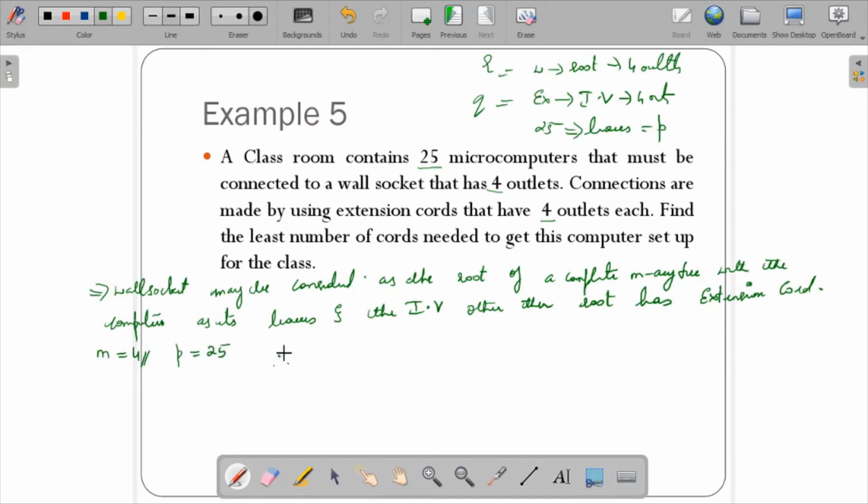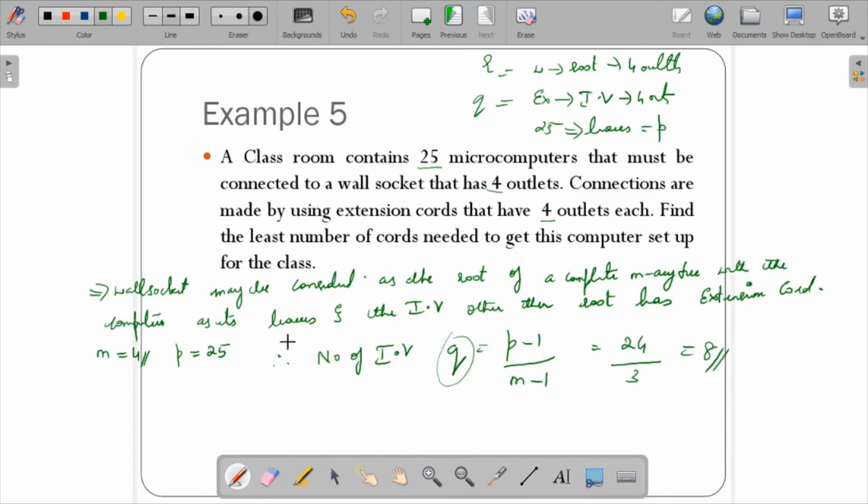Therefore the number of internal vertices Q is equal to P minus 1 divided by M minus 1. So that would be 25 minus 1, that is 24, divided by 3, which is 8. This is the count of internal vertices, but we should exclude the root.